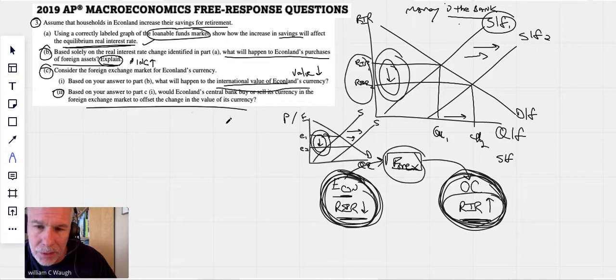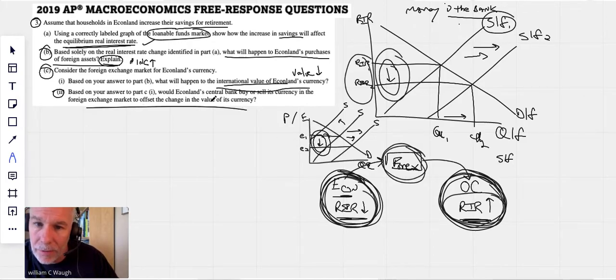Based on your answer to part C, would Econoland's central bank buy or sell its currency in the foreign exchange market to offset the change in its value? So think about it like this. If what goes into the Forex, the supply increases and the value goes down, wouldn't the supply decreasing drive the value up? Yes, it would.